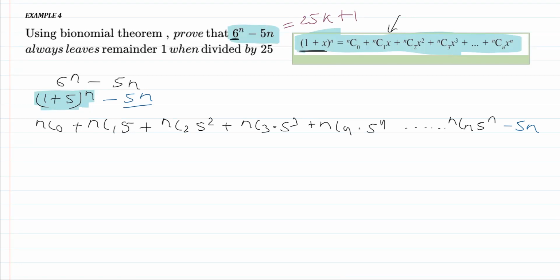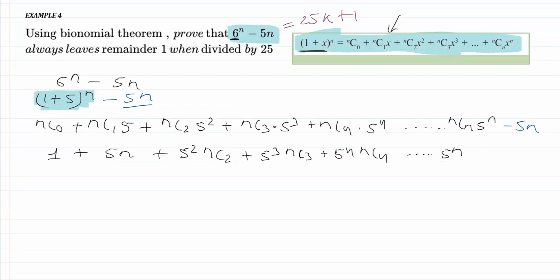Now, what we can do, I can write nC0 as 1, and this nC1 is n, so 5 into n is 5n. Plus 5 square, that is 25, nC2, plus 5 raised to the power 3, nC3, plus 5 raised to the power 4, nC4, and then 5 raised to the power n, nCn, minus 5n.